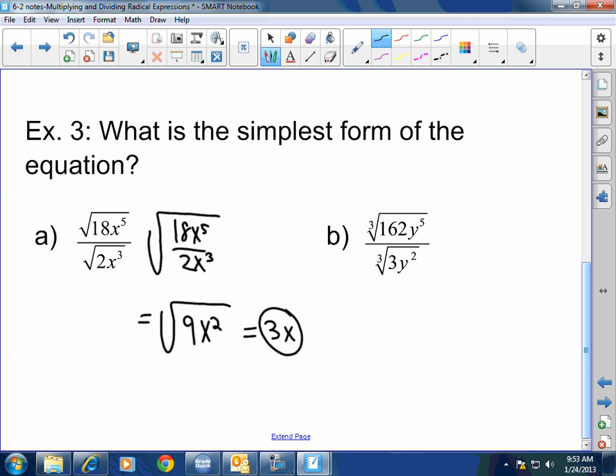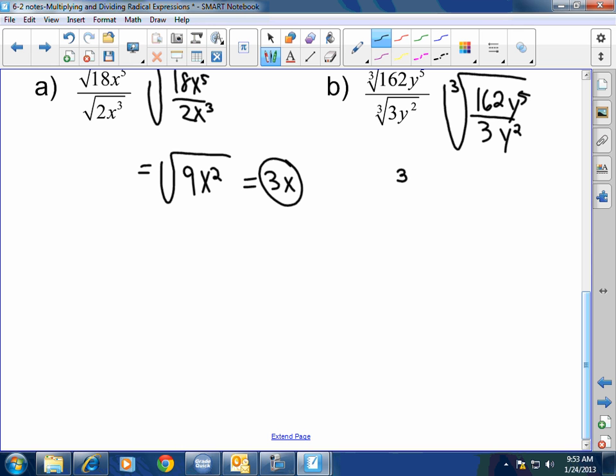Here, same thing. There's going to be the cube root of 162y to the 5th over 3y squared. So it's going to be 54, right? So this is going to be the cube root of 54y cubed.